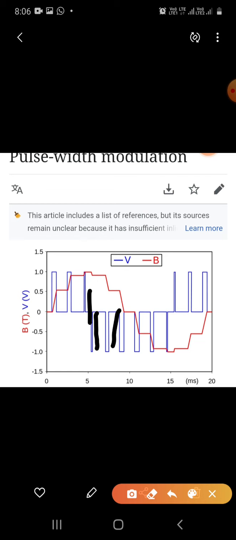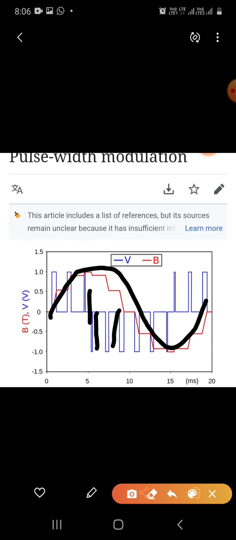The current, this red one, looks like a sine. This is the current diagram, so from the result we are getting a sine-like current in the inductor.